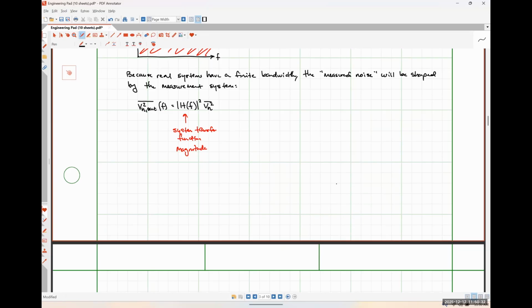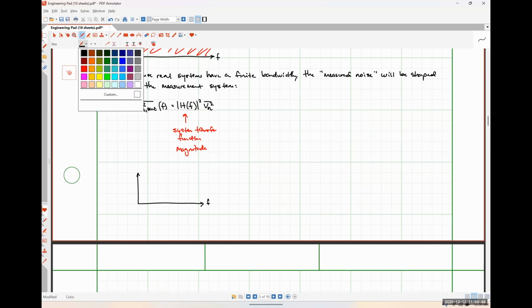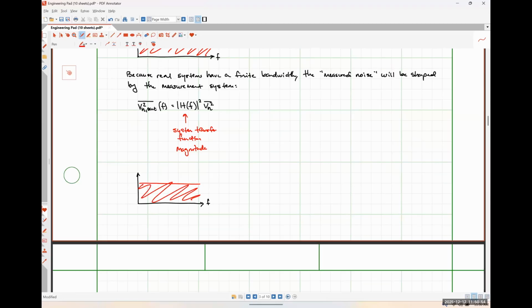So to try to show you what I'm drawing, if we had a system characterized as generating white noise, and then we put this through a low pass filter. So here's our noise spectral density, or excuse me, power spectral density.